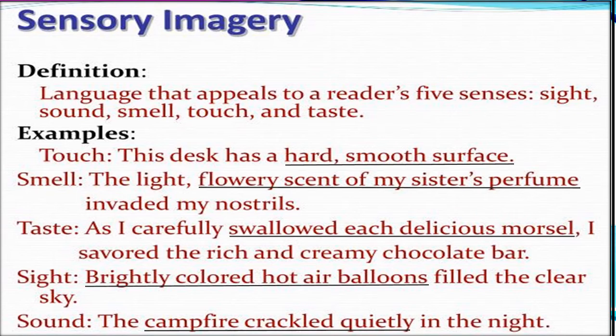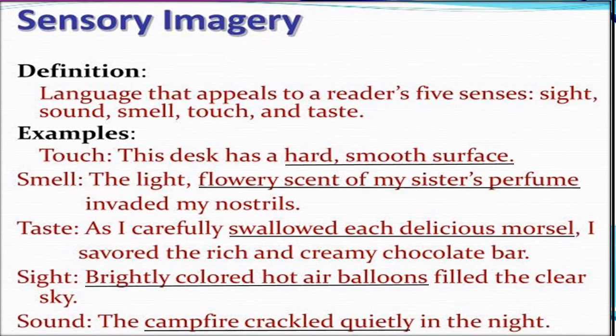The brightly colored hot air balloons show that the sensory image being used in the sentence is sight. Lastly, the campfire crackled quietly in the night. The underlined words, campfire crackled quietly, identify that the sensory image being used is sound.